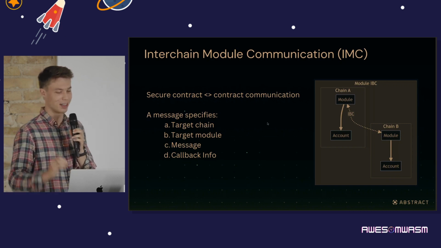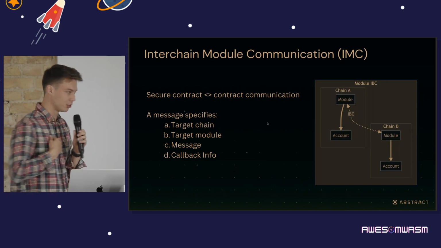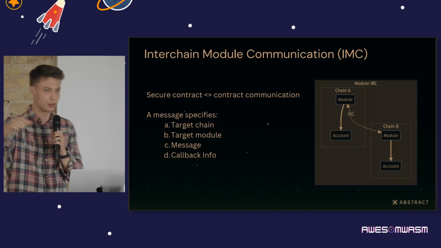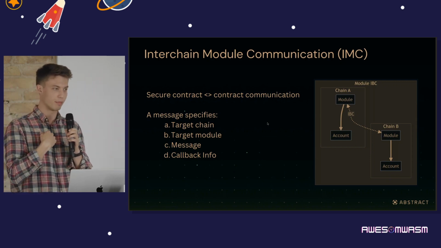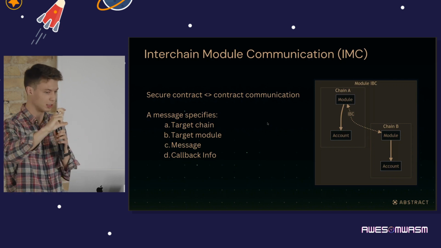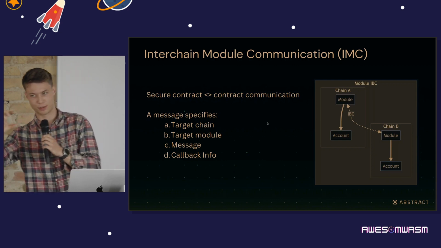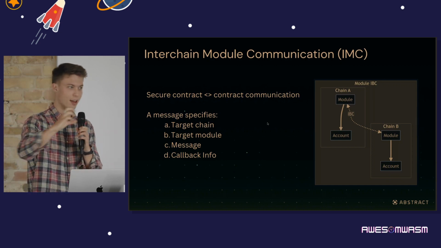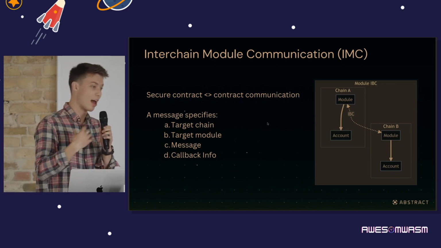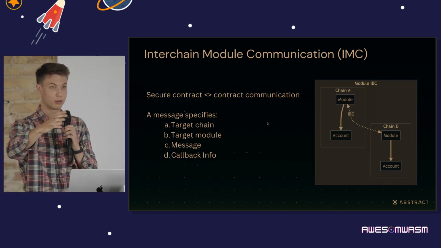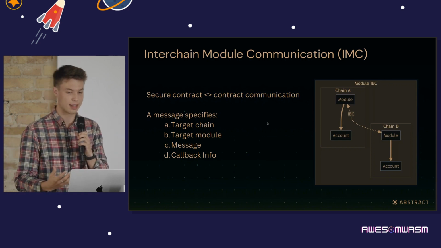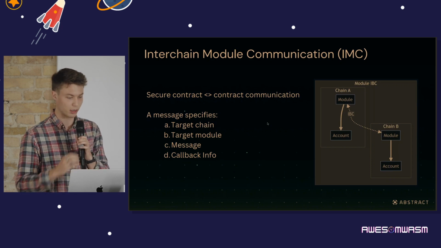But essentially it allows any application to send a message to an application on another chain, and then the receiving application can verify that the message it receives comes from a specific application. So if I'm a mail server, for example, I can say I only want to receive messages from other mail servers. And then I can rely on that and handle my logic that way.